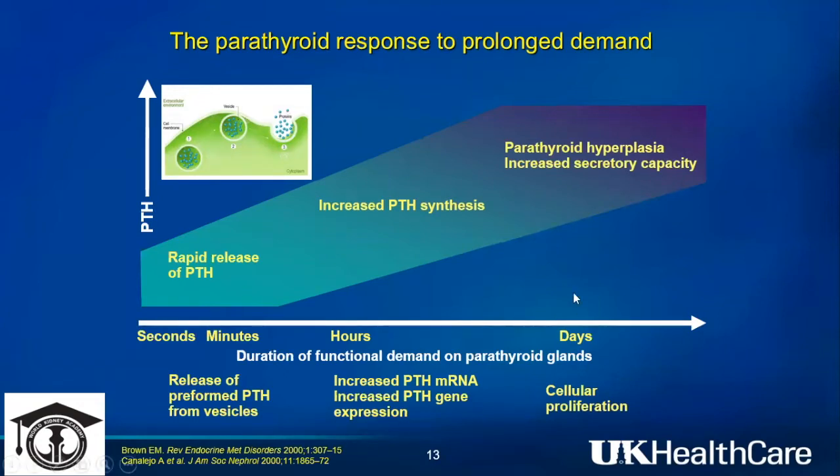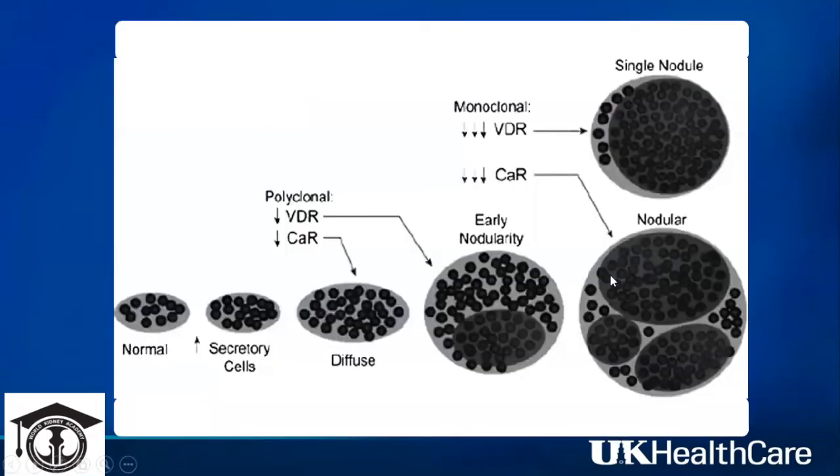If there is a prolonged need to increase PTH secretion, what happens is a polyclonal proliferation of the parathyroid gland, what we call parathyroid gland hyperplasia and cellular proliferation.